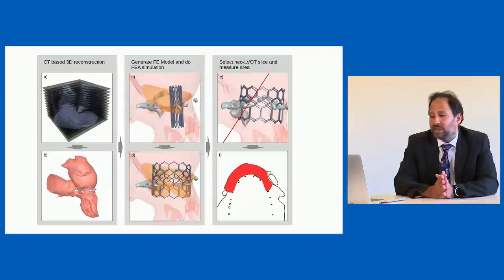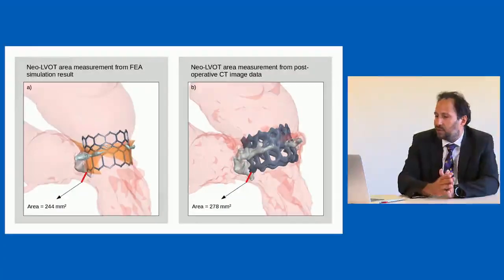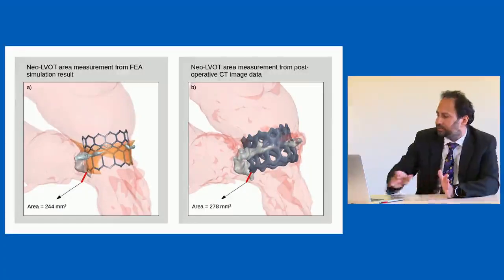By incorporating the tissue-specific features, we can then virtually implant any specific device of our choice and measure the neo-left ventricular outflow tract area. This can be seen on the following slide. We can see that if you vary the height of deployment on the pre-procedural CT scan using the computer simulation, you can get a variable neo-left ventricular outflow tract area.